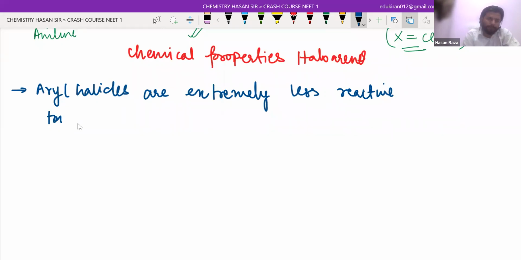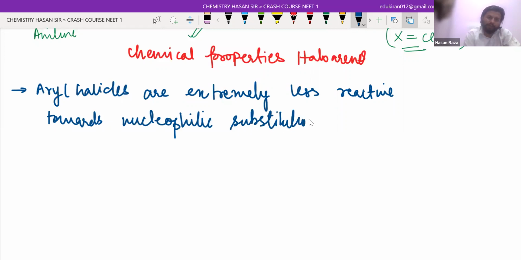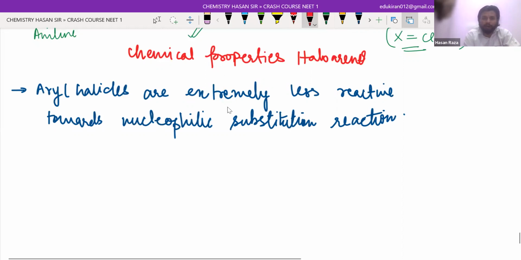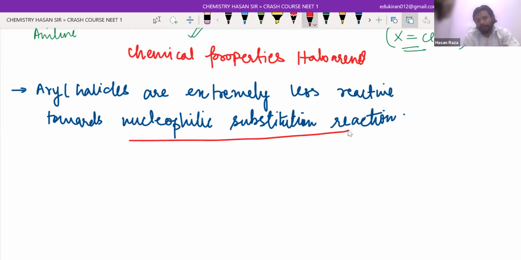towards nucleophilic substitution reaction. As you know, haloalkanes has nucleophilic substitution reaction, but when you are going to talk about this haloarenes or aryl halide, it is extremely less reactive towards nucleophilic substitution reaction, and only because of three main reasons.